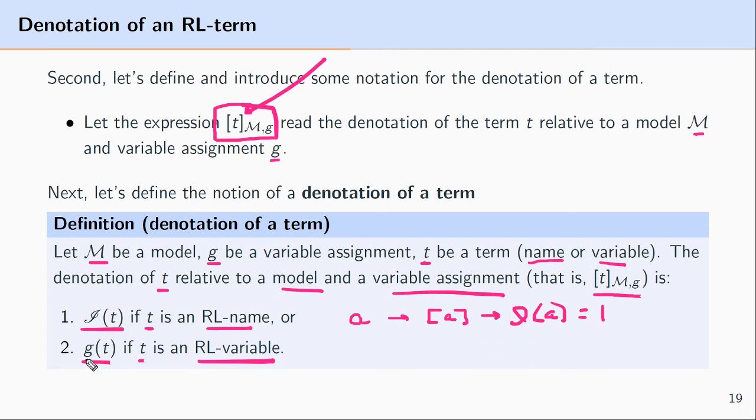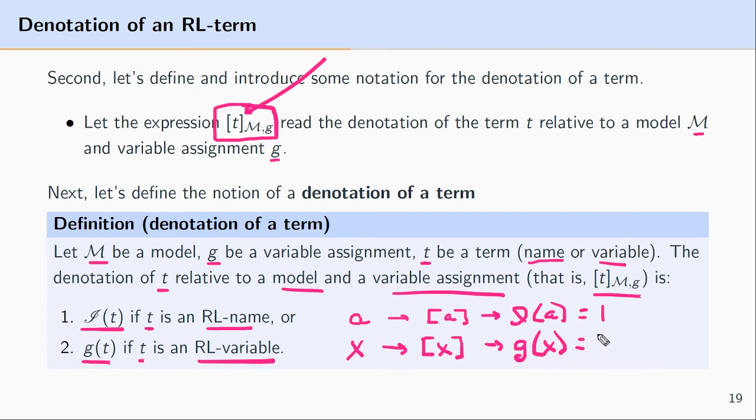The denotation of a term T is the variable assignment of T if T is a variable. So let's say that T is x, that is some variable. And we want to take the denotation of x, and this is defined as the variable assignment of x. And again, the variable assignment of a variable just takes the referent of that variable.